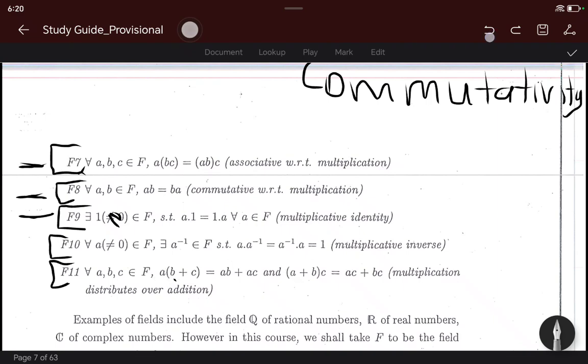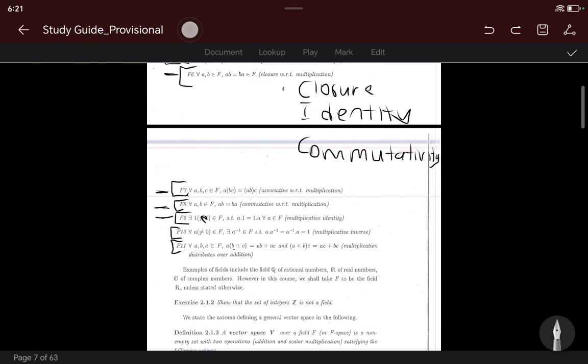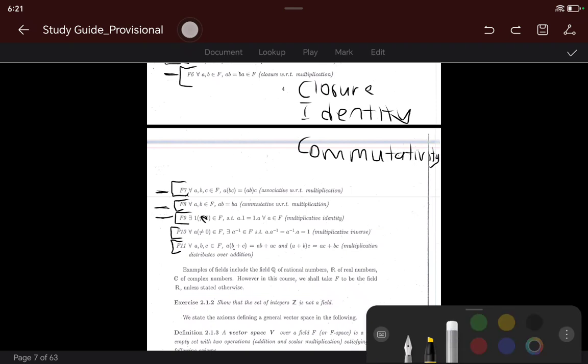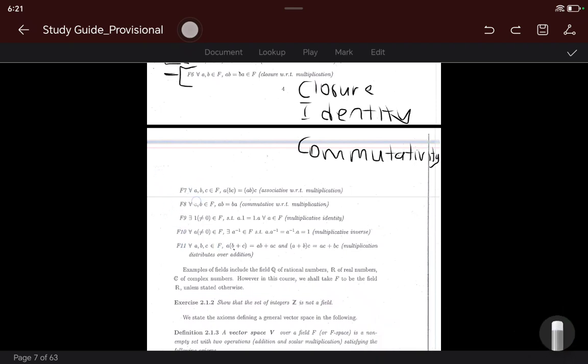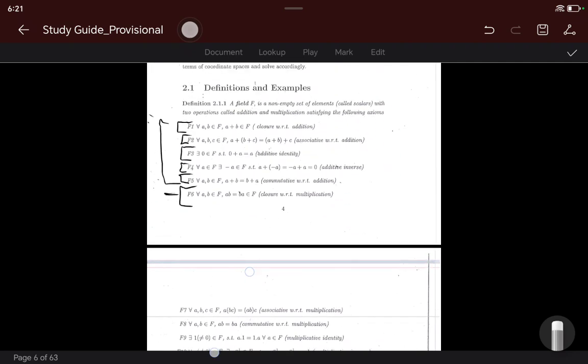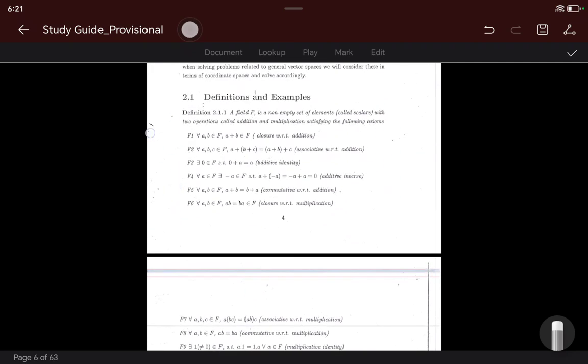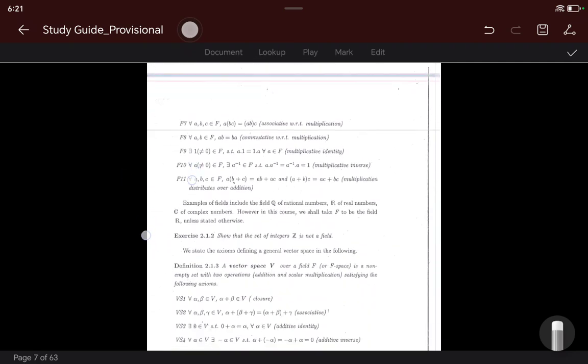So the last one is a mix of them both. So now, since you would have familiarized yourself with the properties of the field, now we can look at the ones of the vector space, because they're the ones that we're going to be using.